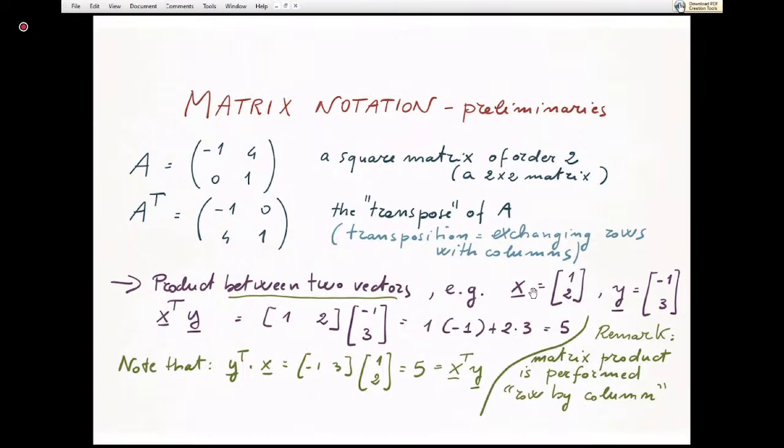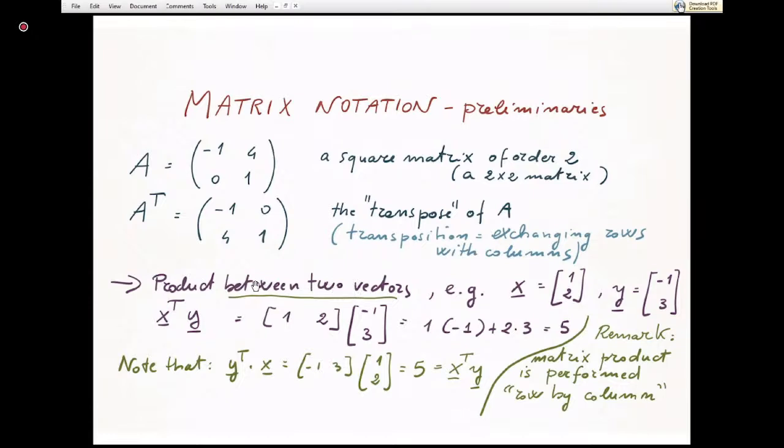For instance, these two, denoted by X and Y, underlined. X is 1, 2. It has 2 rows and 1 column. Y is minus 1, 3. It has as well 2 rows and 1 column. These are called two-dimensional column vectors because they have 2 elements.